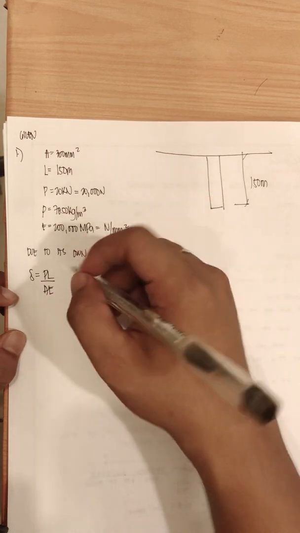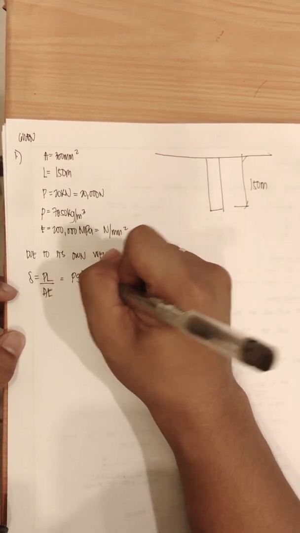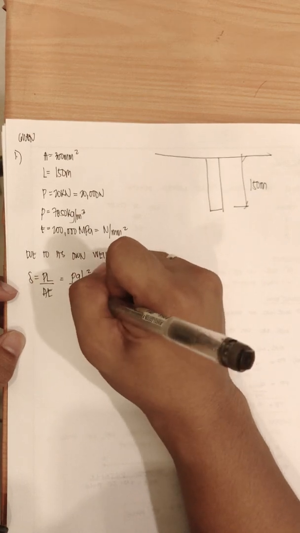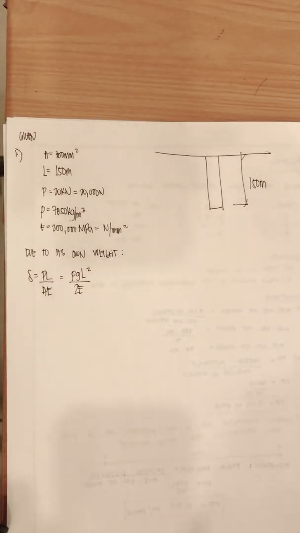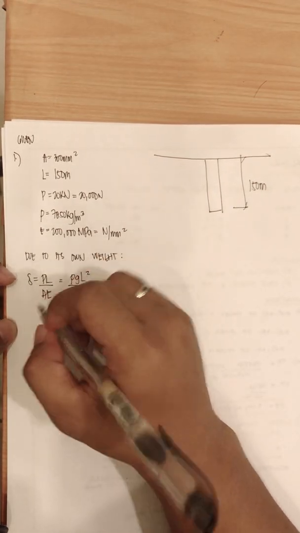Or if given the density, it is equivalent to rho times g times L squared divided by 2 times E. So next is to input all of the given.